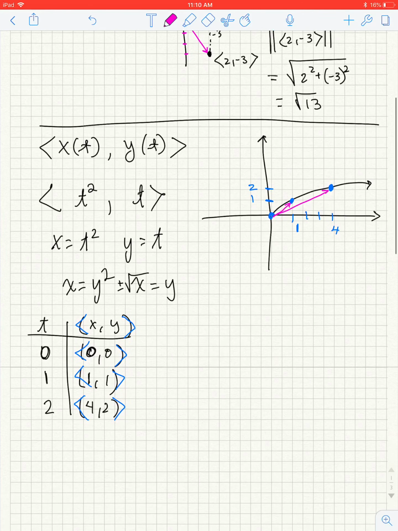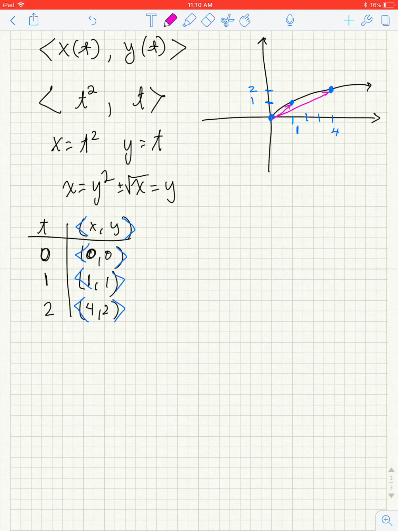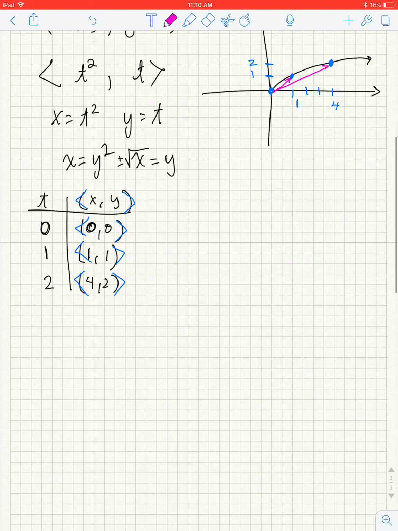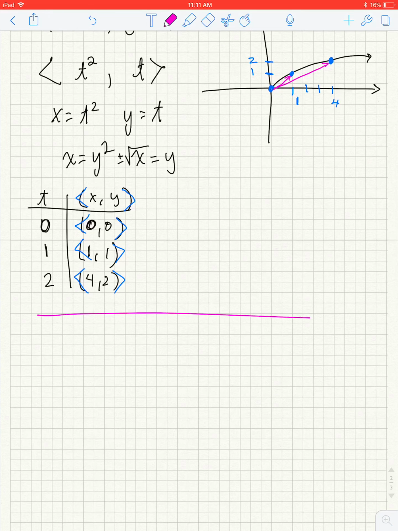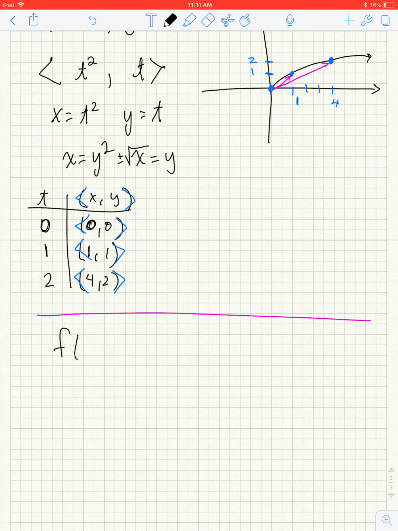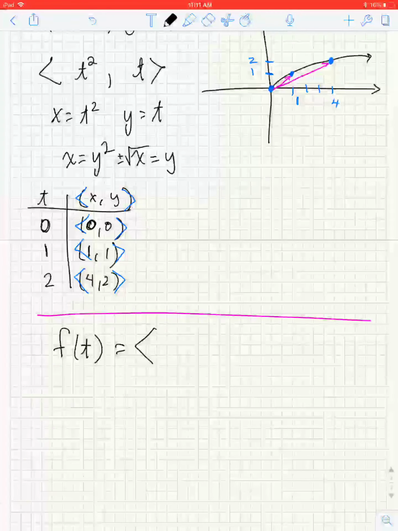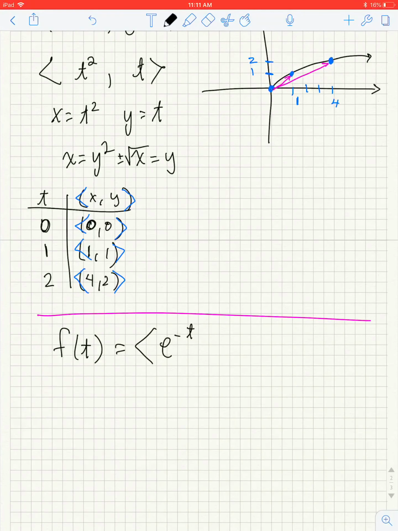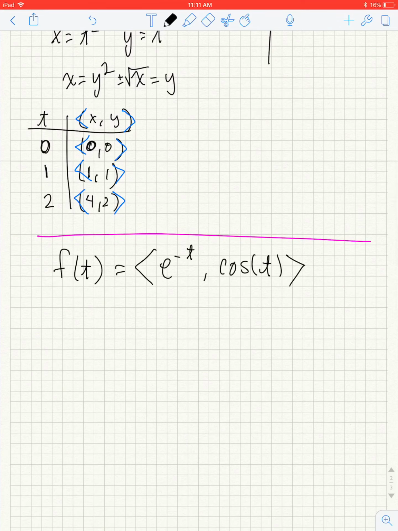And now we're going to start taking the derivatives of those functions. So let's do an example here. What if we have a vector value function <e to the negative t, cosine t>. If you have this vector value function and I want to find the derivative, pretty straightforward.